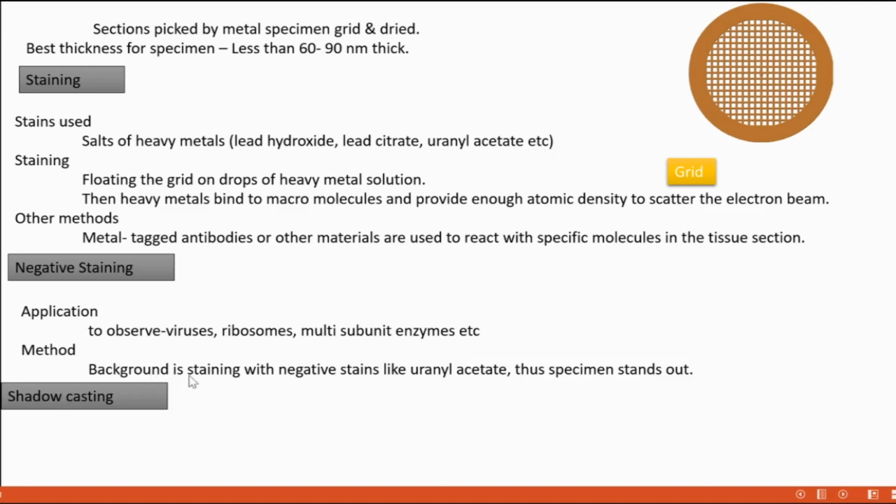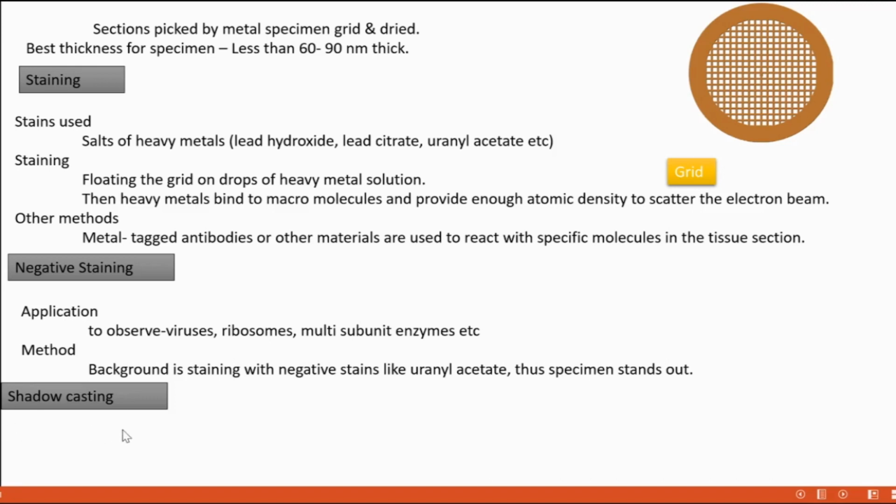Instead, the background is stained. Because the background is stained, when we observe the specimen through the TEM, the specimen stands out from the background. Stands out means the specimen is very clear against the dark background. That is negative staining.